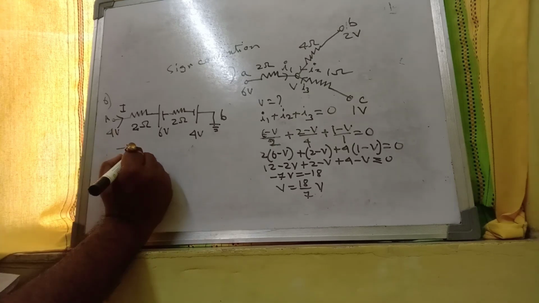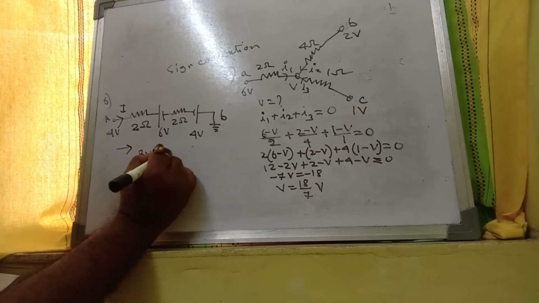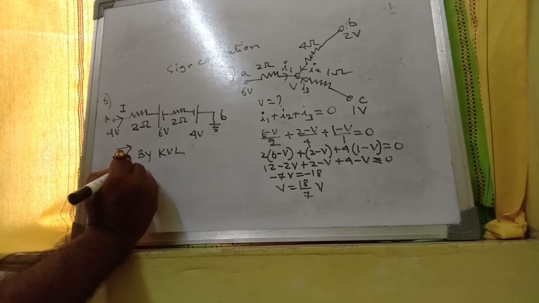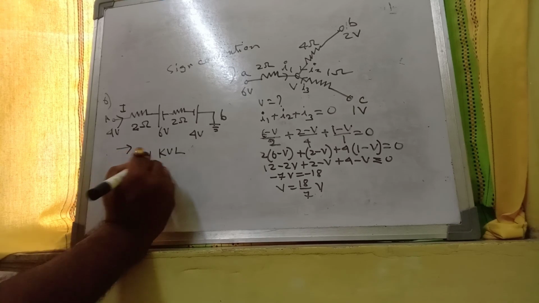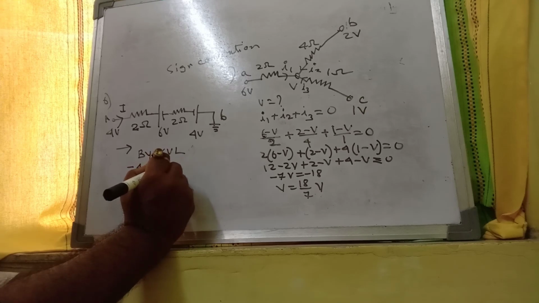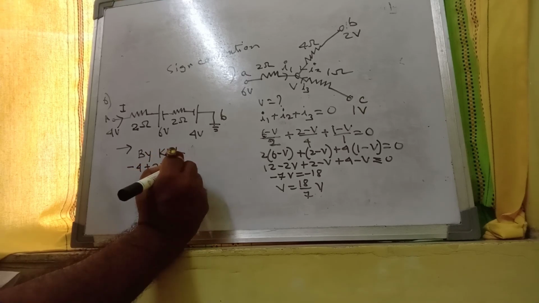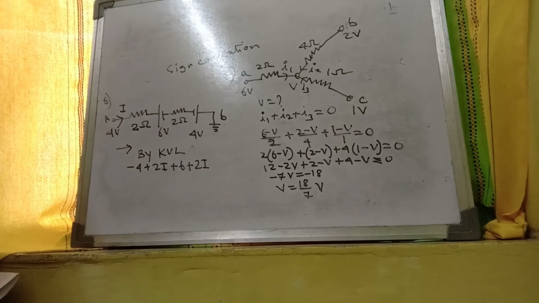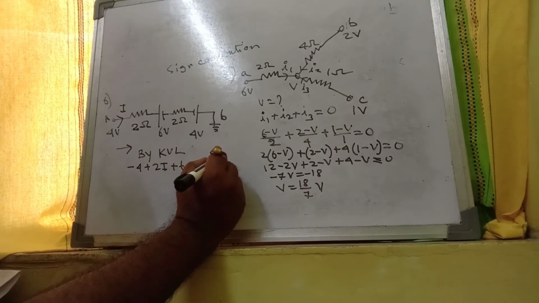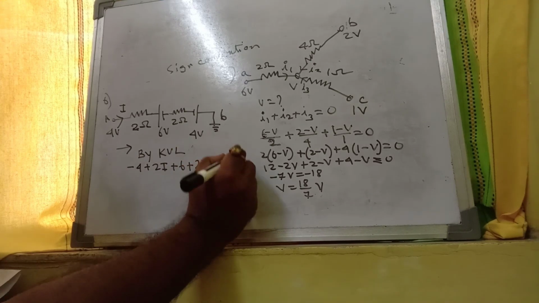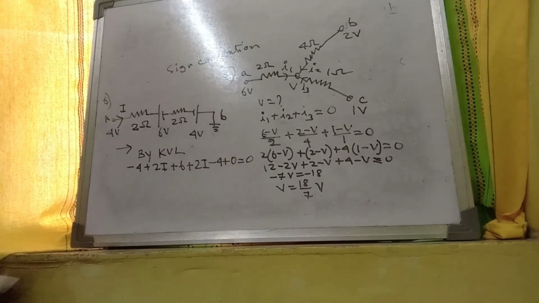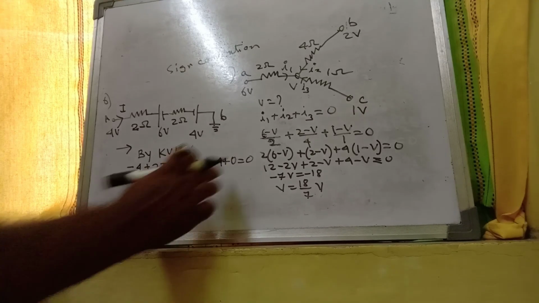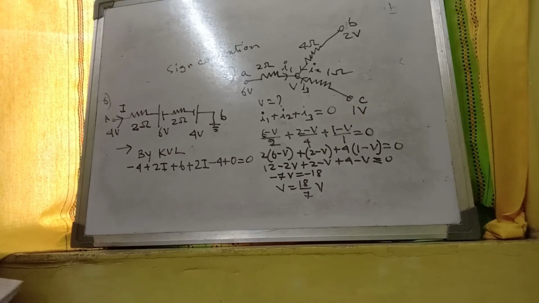So by KVL, minus 4 minus 2i plus 6 plus 2i, current I flows, minus 4 plus 0, because the point B is grounded, so potential is 0 there.